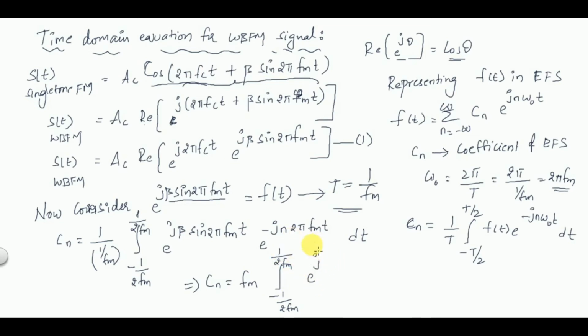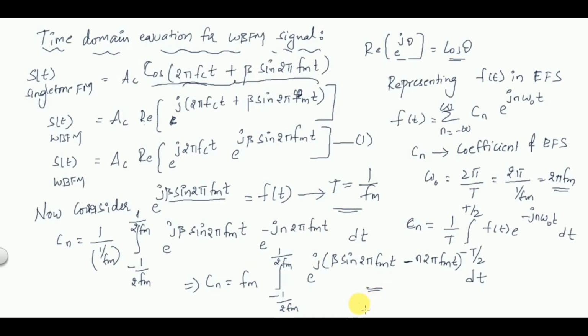If I take e power j common, we get beta into sine 2 pi FM into t minus n into 2 pi FM into t dt. So this is the Cn.